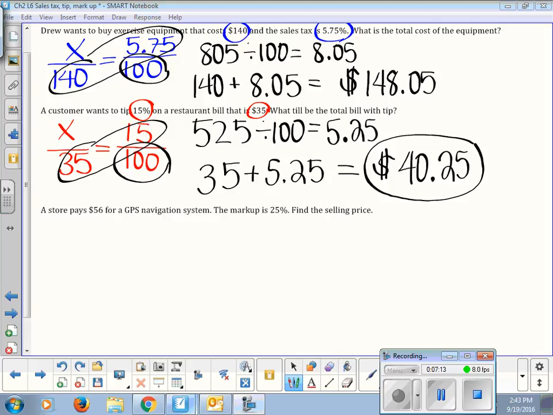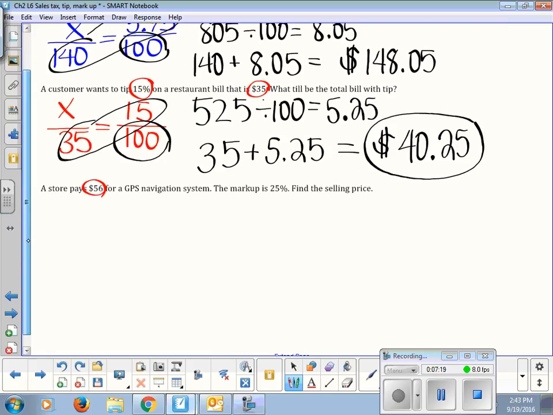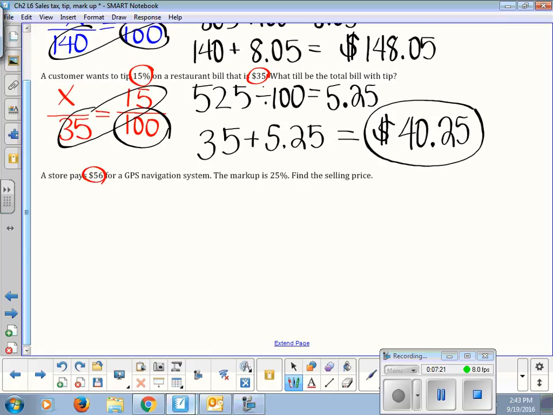Okay, and our third example is set up the same way. This one, we have a store pays $56 for a GPS navigation system. The markup is 25%, and we want to find the selling price. I'm going to set up my two fractions so I can set up the proportion. We know the percent, and our percent is how many? 25.